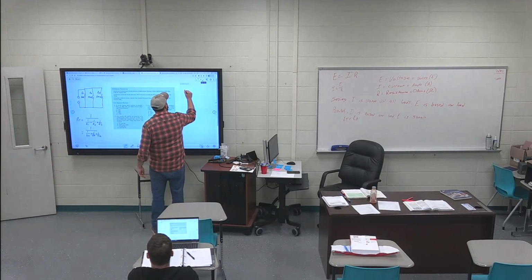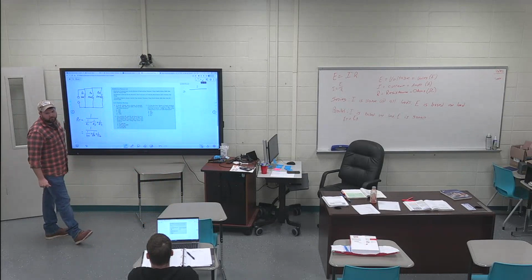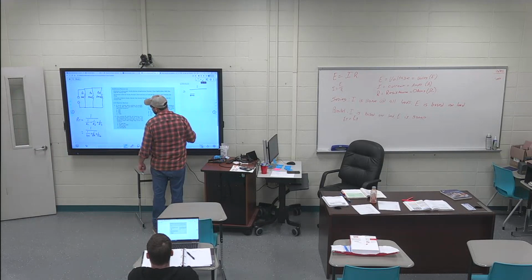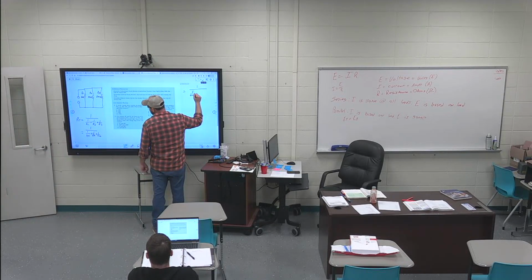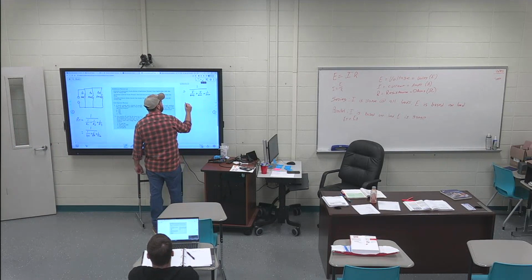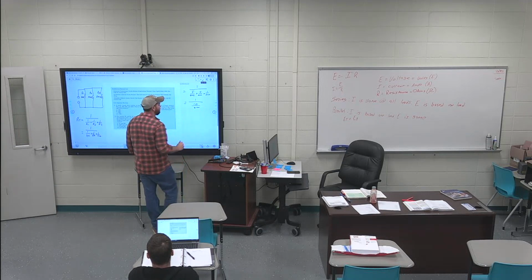So I've got 1 over, what's my common denominator for 40, 50, and 200? 200, right? 40 goes into 200 how many times? 5 times, right? 5 times 40 is 200. 50 goes into 200 how many times? 4 times. 200 goes into 200 1 time. 5 plus 4 plus 1 is? 10 over 200.